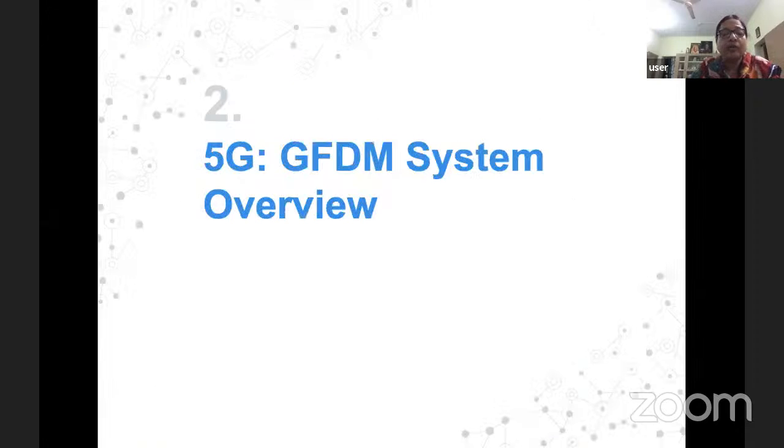But we will overcome these disadvantages in the generalized frequency division multiplexing system. That is 5G, but this slide is actually very old, because at that time even the standards had not come up, and researchers worked on GFDM and started publishing, thinking GFDM would definitely become one of the standards for 5G.